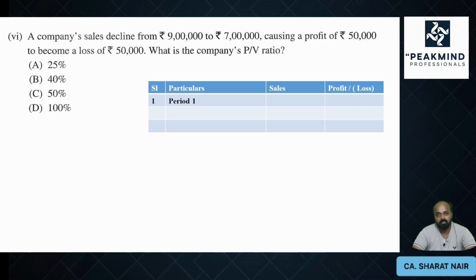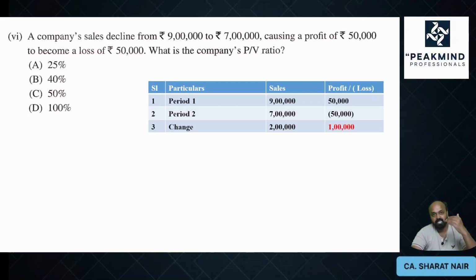So in period 1, the sales is 9 lakh and the profit is 50,000, whereas in period 2, sales have declined from 9 lakh to 7 lakh and the profit has become a loss of minus 50,000. Now I need to find out the change in sales and change in profit. Change in sales is 2 lakh, but be very careful here. The difference in profit is 1 lakh.